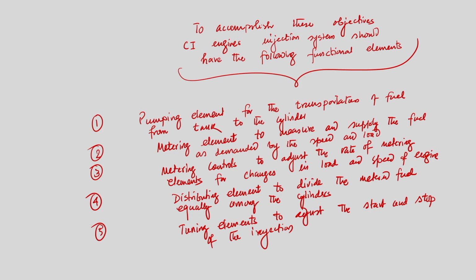So, now knowing the objectives and the elements required in the injection system to accomplish the objectives, we will try to see what are the different types of injection systems typically used for CI engine combustion.